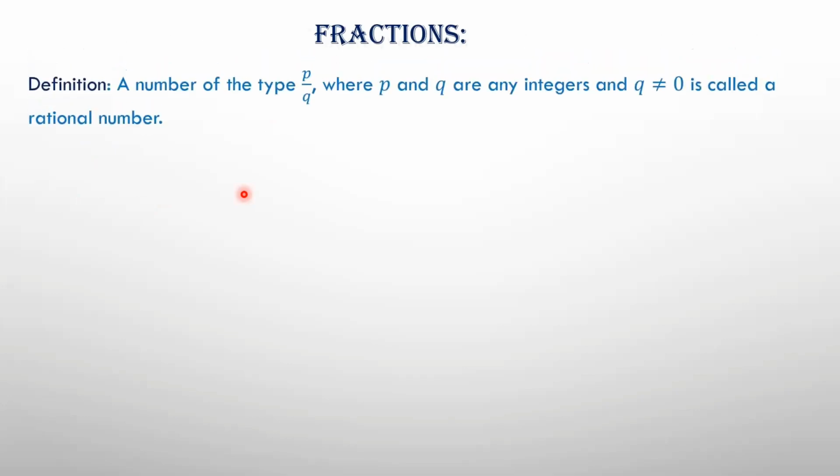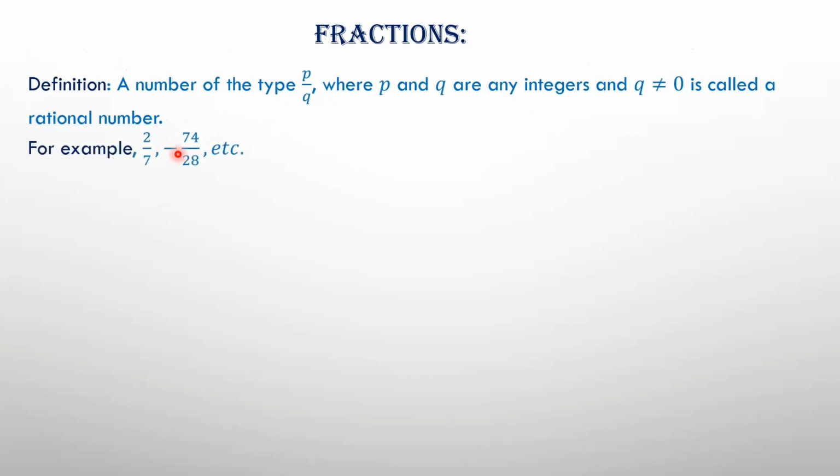Next is fractions. What is a fraction? A number of the type P upon Q, where P and Q are any integers and Q should not be equal to 0, is called a rational number.